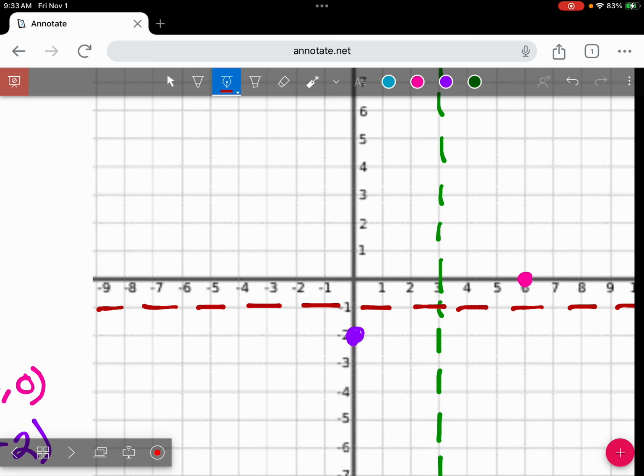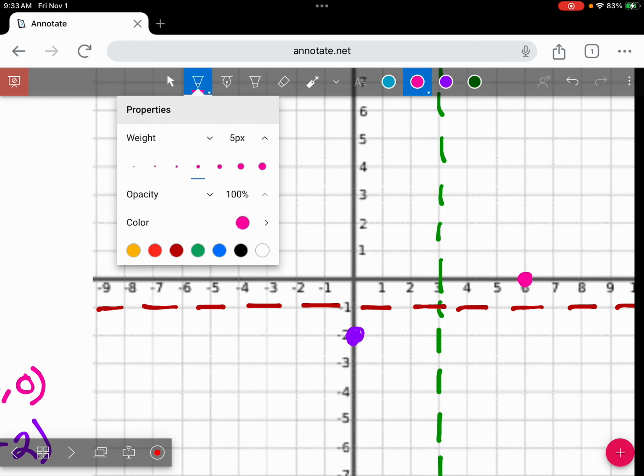From the information that we have, can we tell where our curves are going to be? It's going to go through the points we've plotted, and it approaches our asymptotes. So can we figure out where things are going? Yeah.